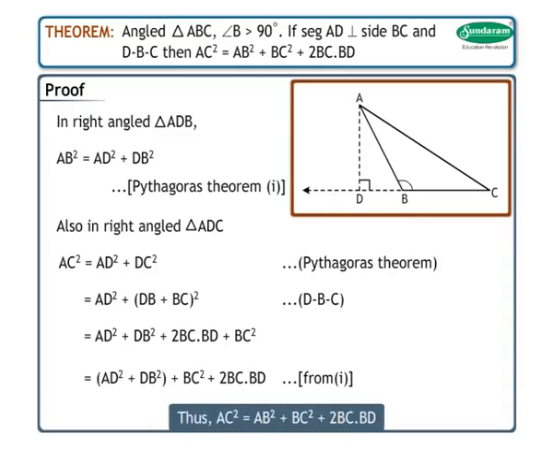Thus, AC square is equal to AB square plus BC square plus 2BC into BD.